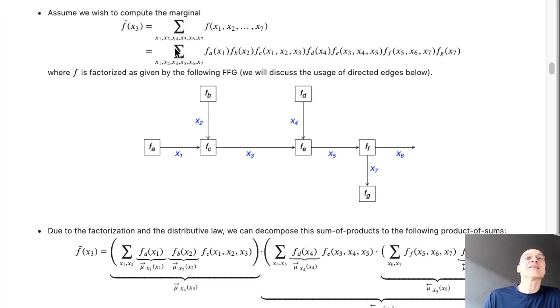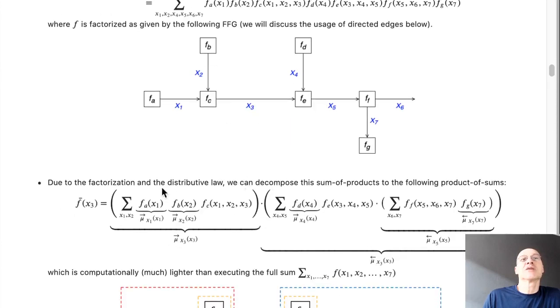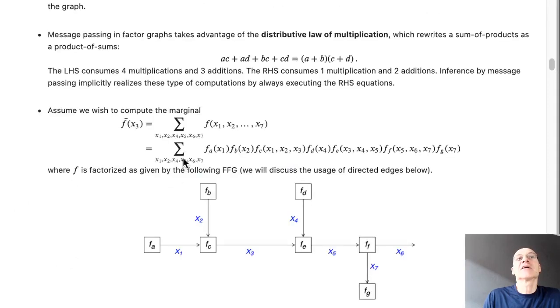So what we're going to get is we can rewrite this, basically the sum of products, into this product of sums. In this here, you see sums over just one or two variables. Here, two variables here. And here I have a sum over 6 variables.